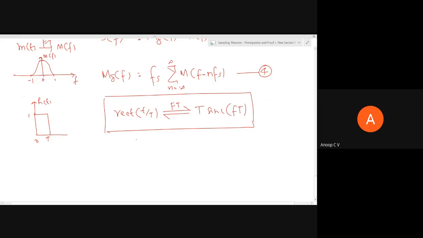So this rect of t by T is nothing but a rectangular pulse which spans from minus T by 2 to plus T by 2.